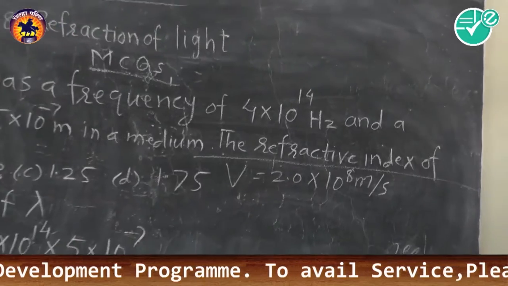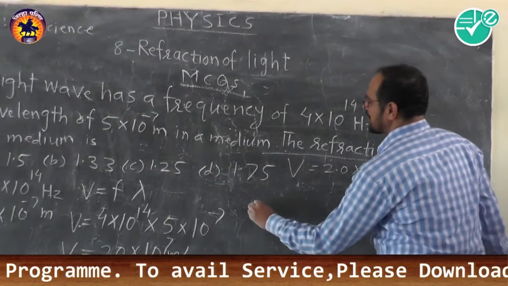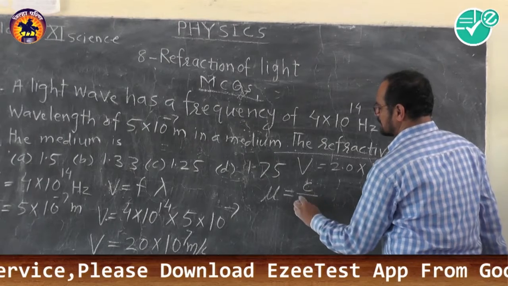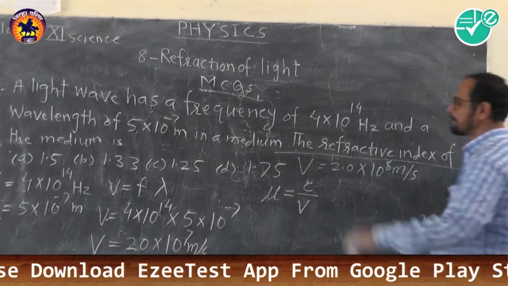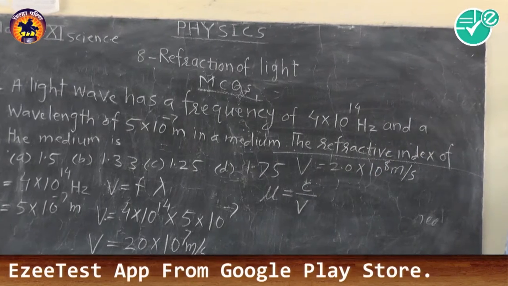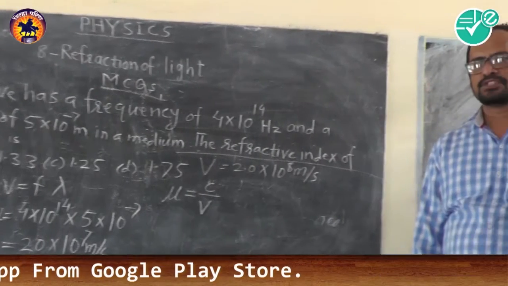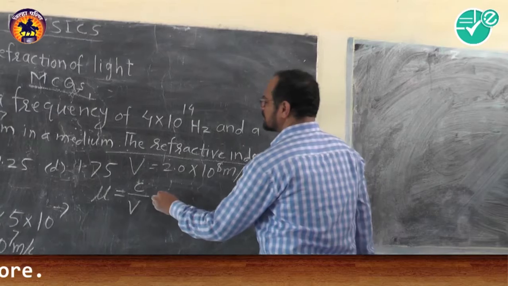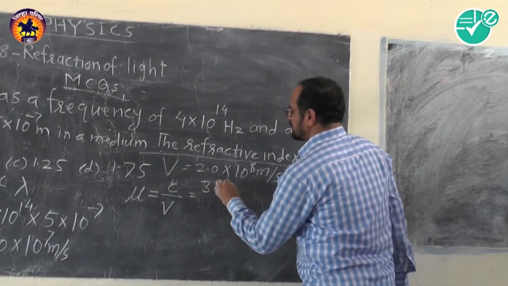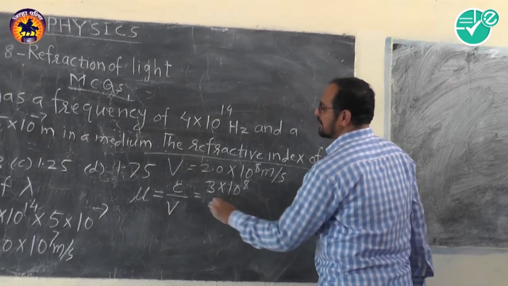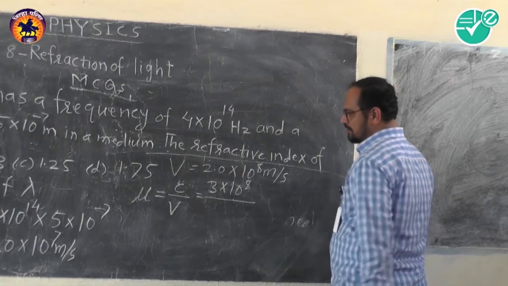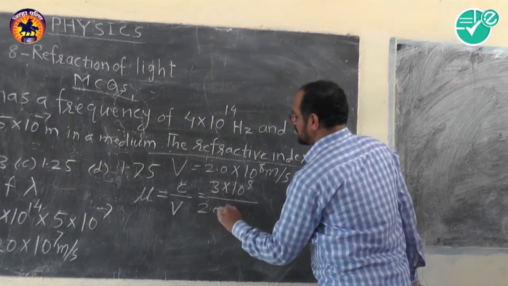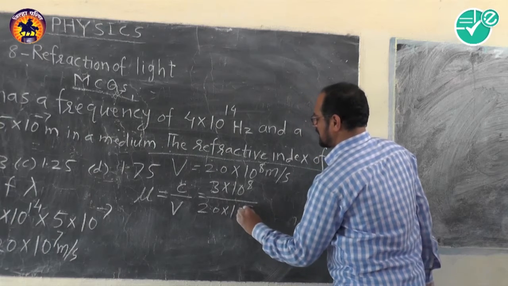Now to find the refractive index, we can use the formula C upon V. You know C is the velocity of light in air, 3 into 10 to the power 8 meter per second. So we substitute 3 into 10 to the power 8 upon the velocity of the medium that we obtained, 2 into 10 to the power 8.